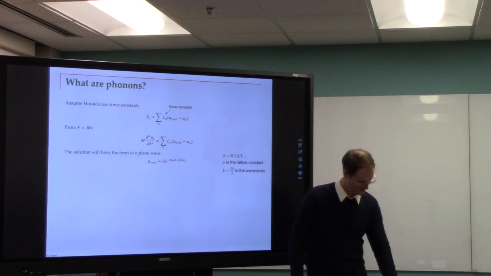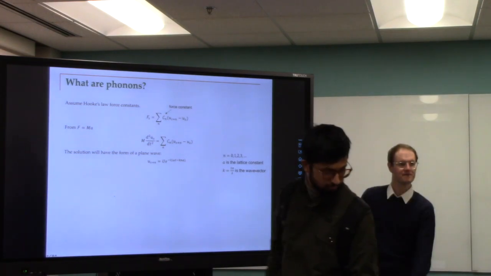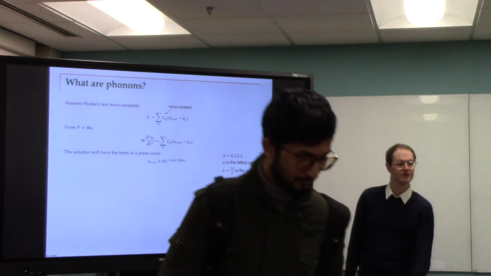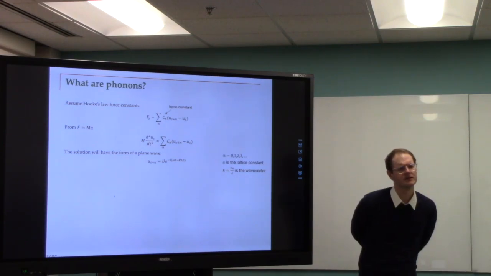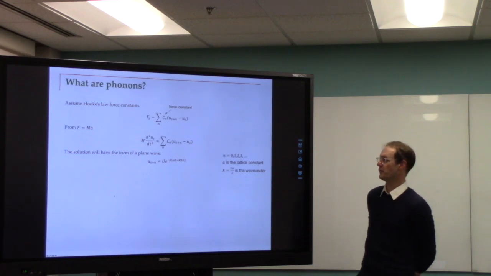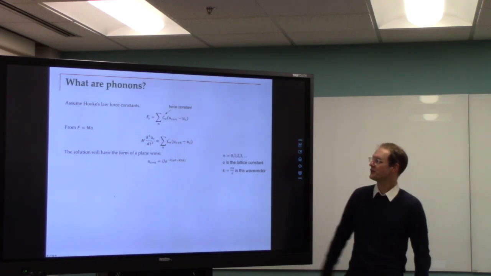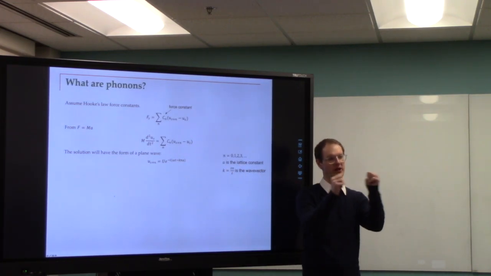Yes, and then the explanation of why the atoms don't go inside each other. Because they are connected like that, how can I avoid the movement of this atom colliding with the other one here? Oh, well, we're assuming relatively small amplitude vibrations.